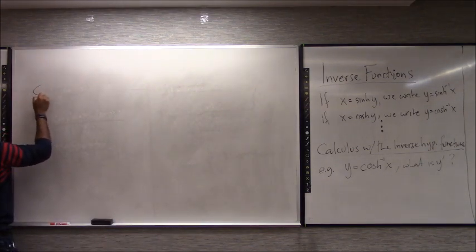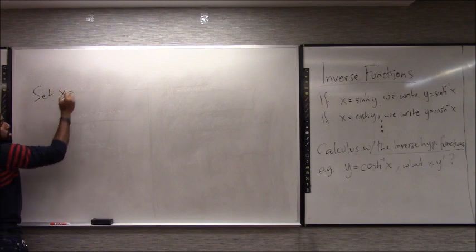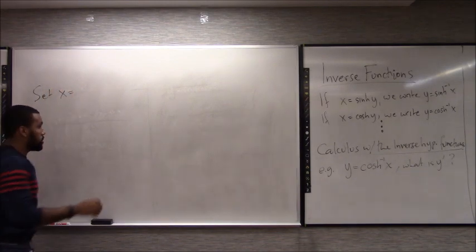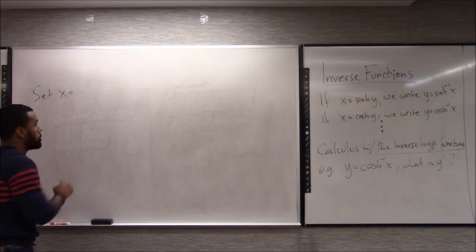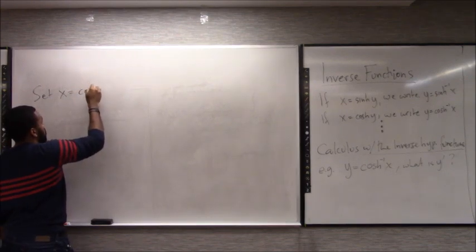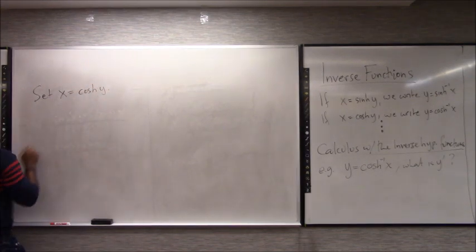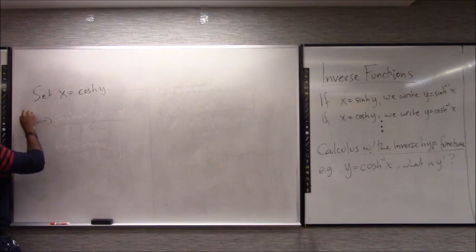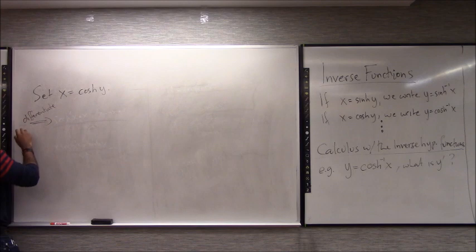Here's what you can do. You can set x equals cosh of y, and then differentiate both sides. So basically do implicit differentiation.